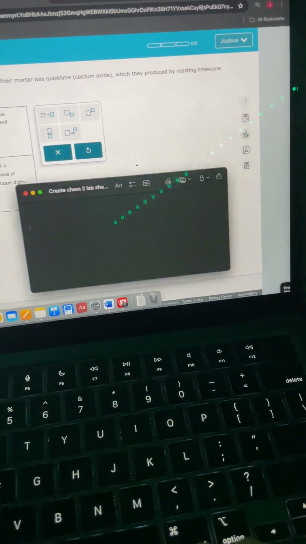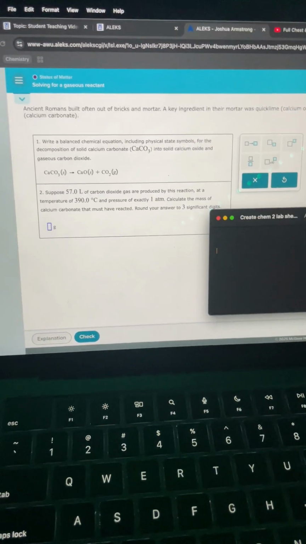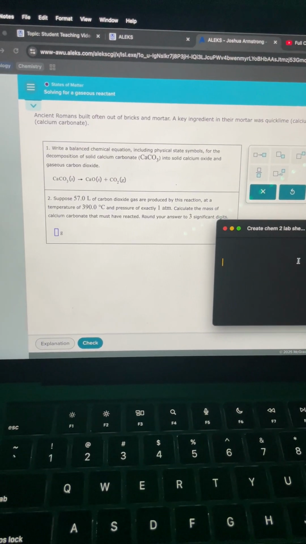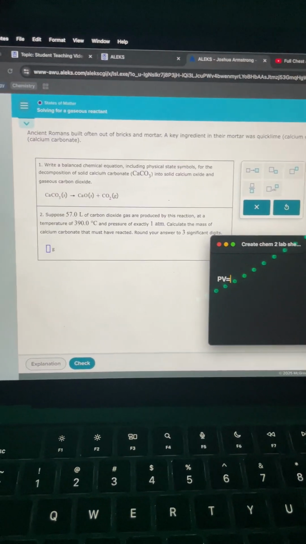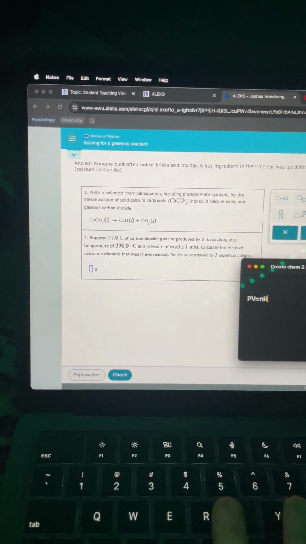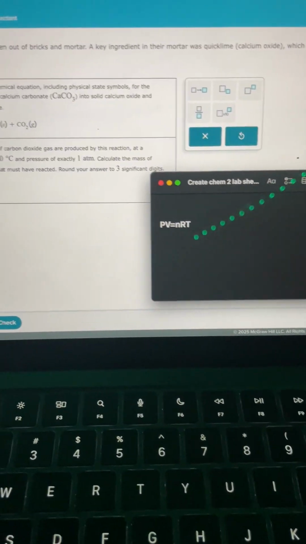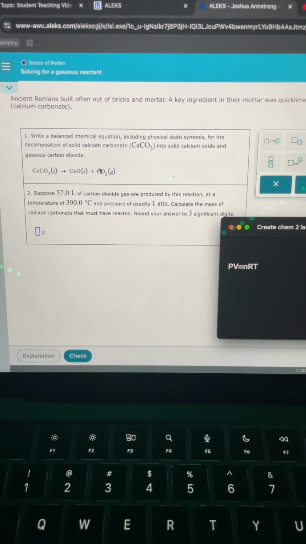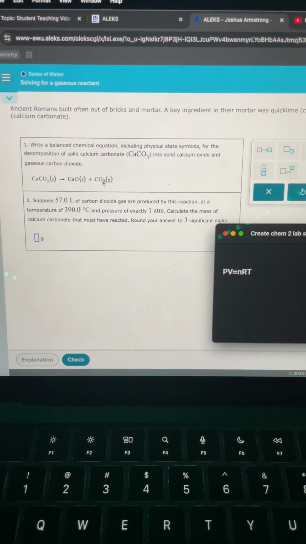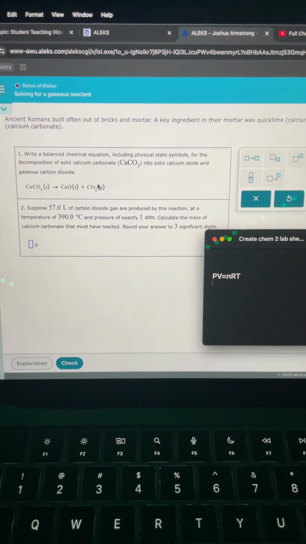Now to do this part though, we got to use the ideal gas law equation. And to do that, let's just write it out. So it's PV equals nRT. And what we want is moles, because once we have moles, we can use that to find moles of carbon dioxide.